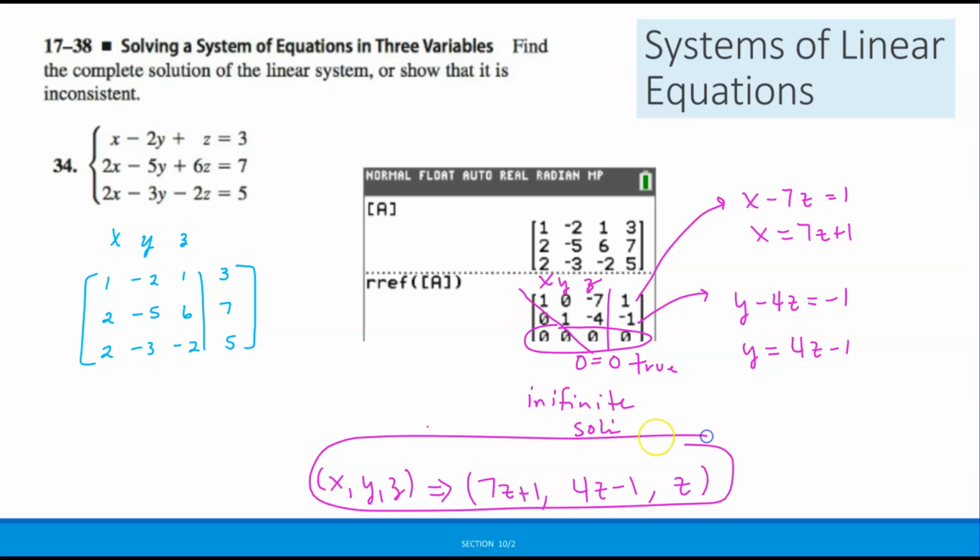If you were to give me a z, I could give you a solution. If z is 0, then we have 0 plus 1. We'd have 1, negative 1, 0 as a solution. If you said z was 5, then I'd have 36, 19, 5 as another solution. Whatever z you give me, I can generate an infinite number of solutions.